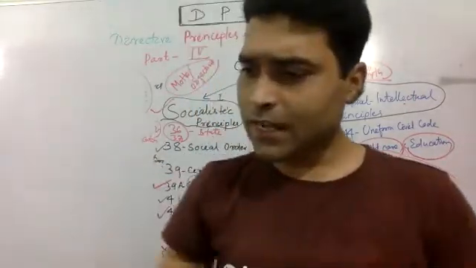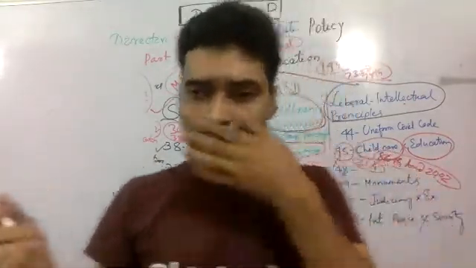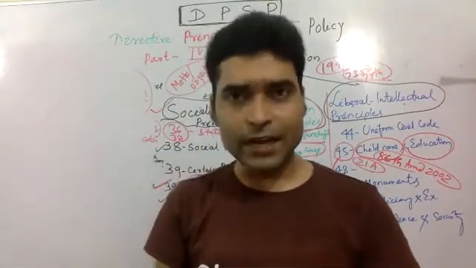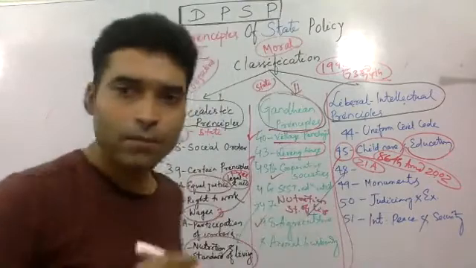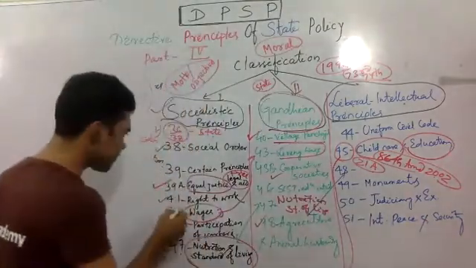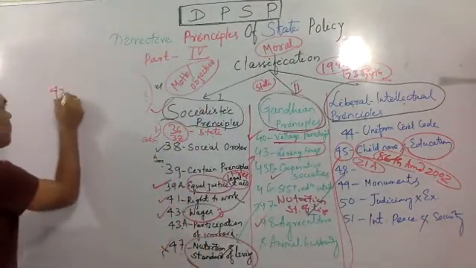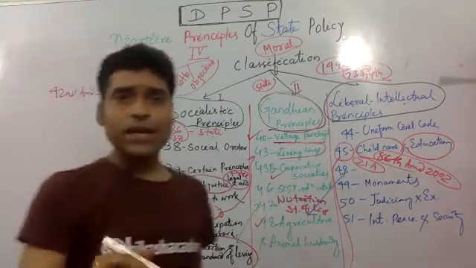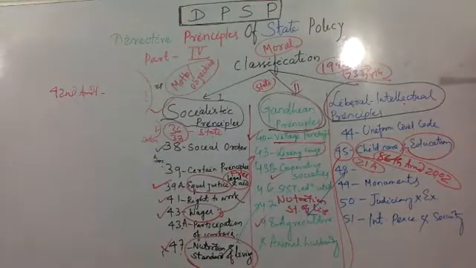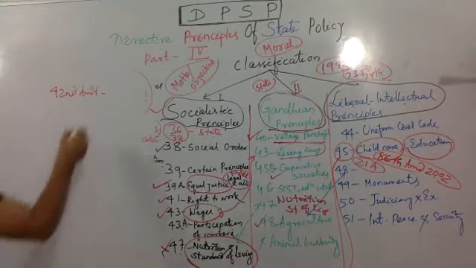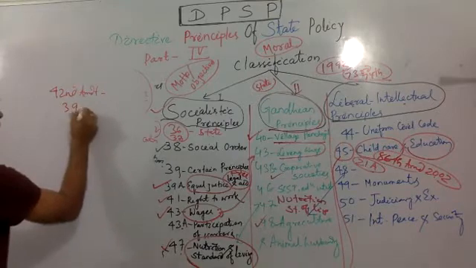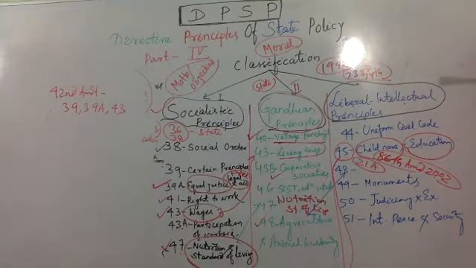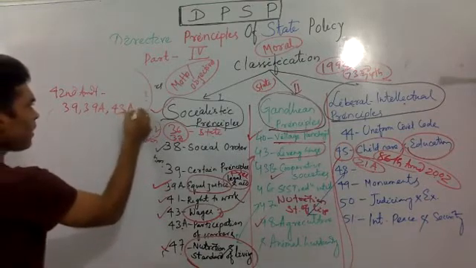The first thing is that the 42nd Amendment added 39A, 43A and 48A.